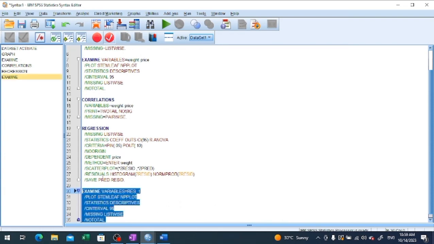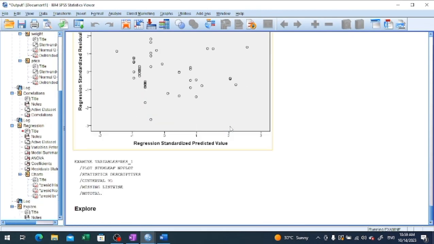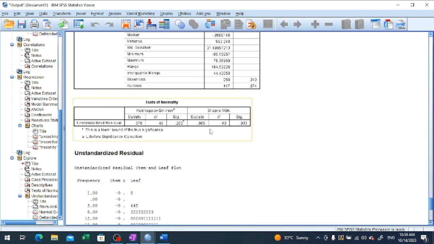We will select this entire syntax and then run this syntax. And this is what the table is. Now we can see test of normality for unstandardized residuals in terms of both Kolmogorov-Smirnov and Shapiro-Wilk test.